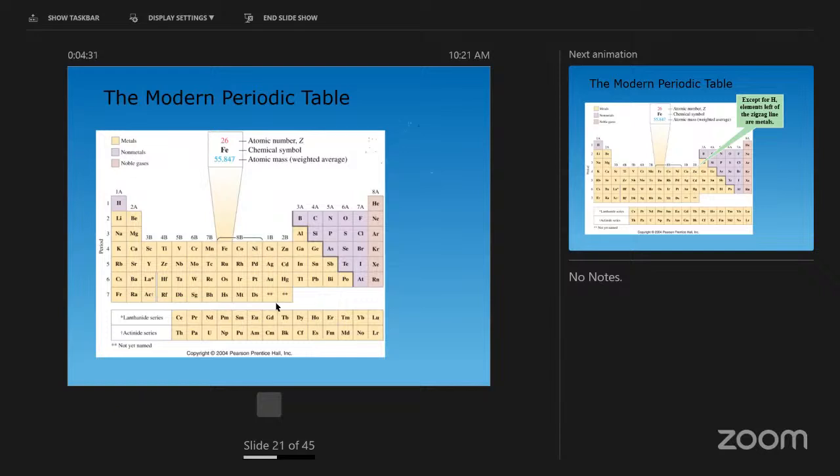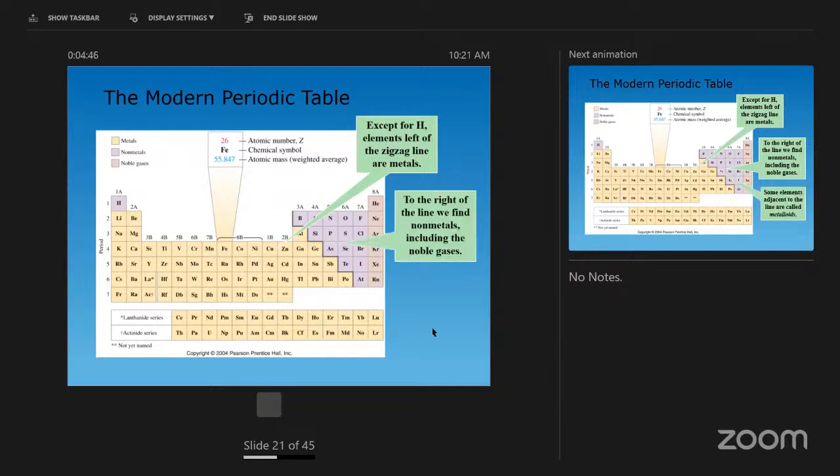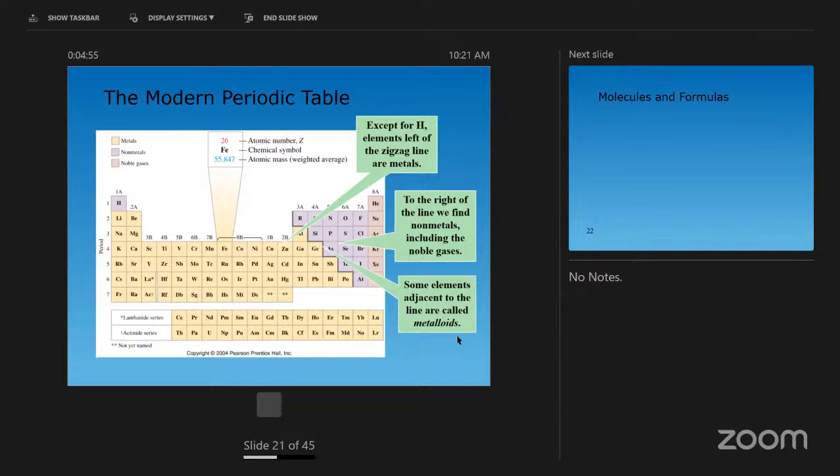Basically, the elements are arranged in different colors and materials. So what categories? Like those elements to the left, these are metals, right?